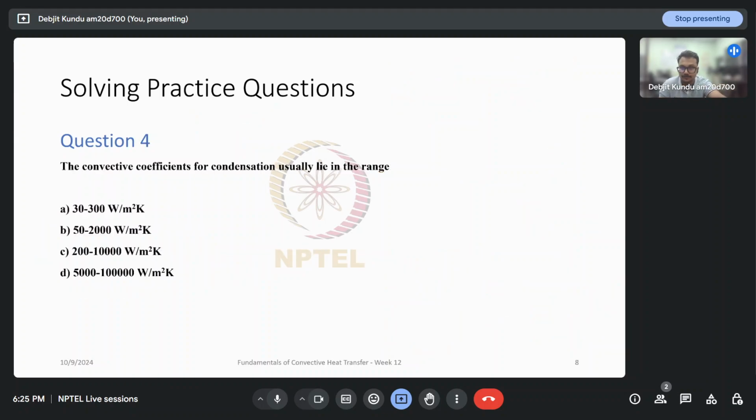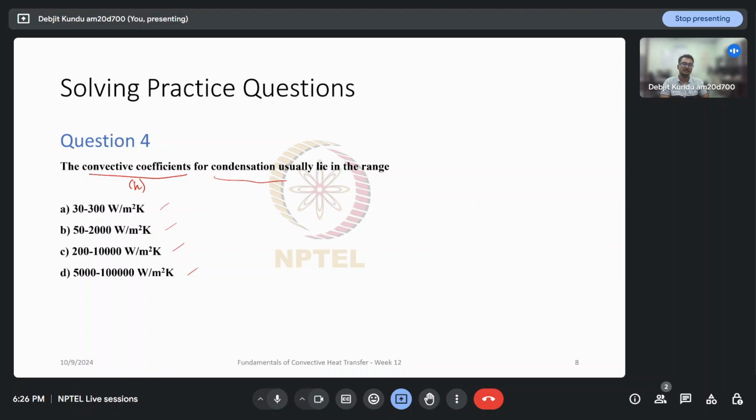All right. Moving on to question number 4, which is testing your knowledge of what the heat transfer coefficients typically are for condensation. The convective coefficient, which we also know as H, for condensation usually lies in the range of what? Is it option A, 30 to 300 watt per meter square Kelvin, option B, 50 to 2000, option C, 200 to 10,000, or option D, 5,000 to 100,000 or 1 lakh?